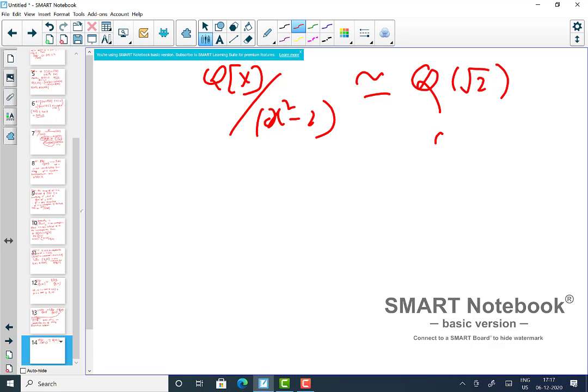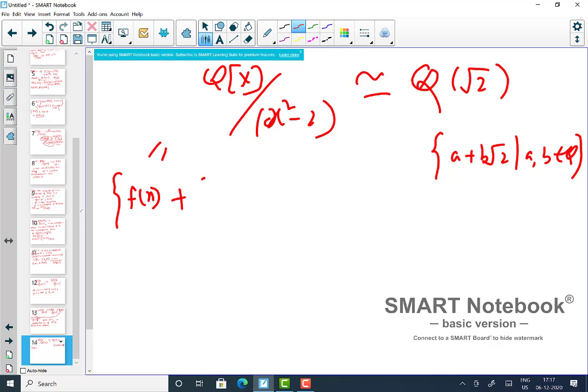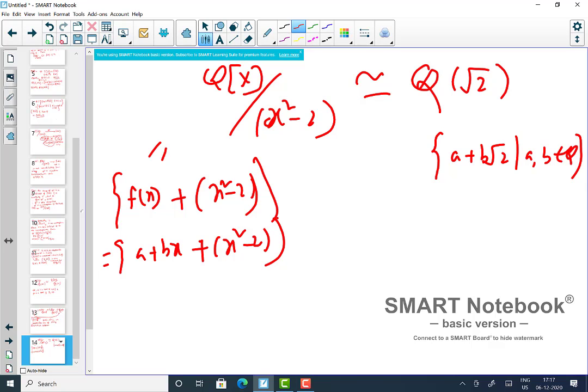Either you can write an element of the form a + b root 2, a, b belong to Q, or you can write f(x) + the ideal generated by this. Here f(x) are all linear polynomials, because quadratic polynomials vanish here. So we can write a + bx plus this kind of thing. So they are isomorphic as fields. These are simple extensions coming from this quotient.